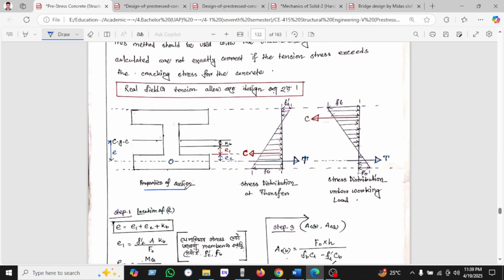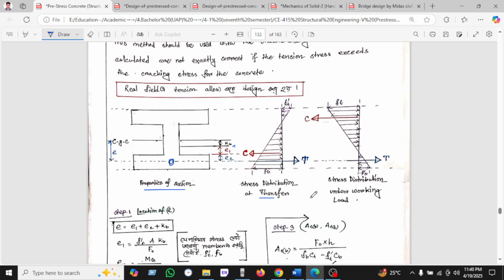We have been seeing the properties of the section, the CGS, and the prestress steel. Between the prestress steel and CGS it will be E, and we'll calculate KB, E1 and E2, and C. The C in the upper portion is C1 and the lower portion is C2.